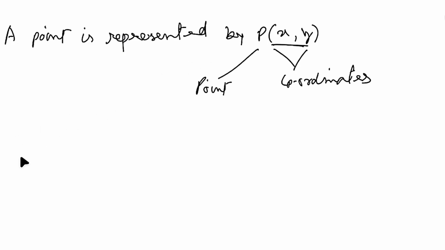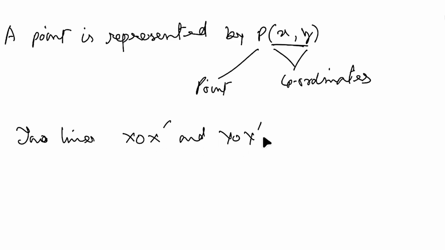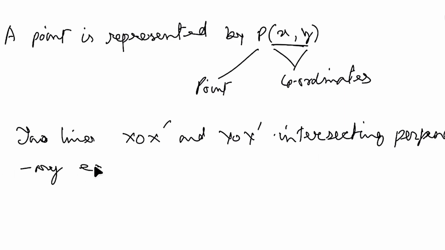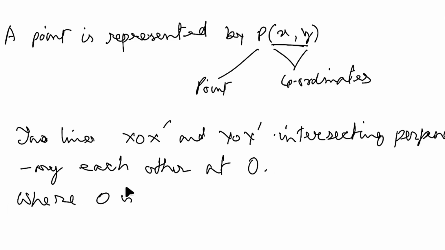Now you should know, X'OX and Y'OY are two lines perpendicularly intersecting each other at O, where O is called the origin.